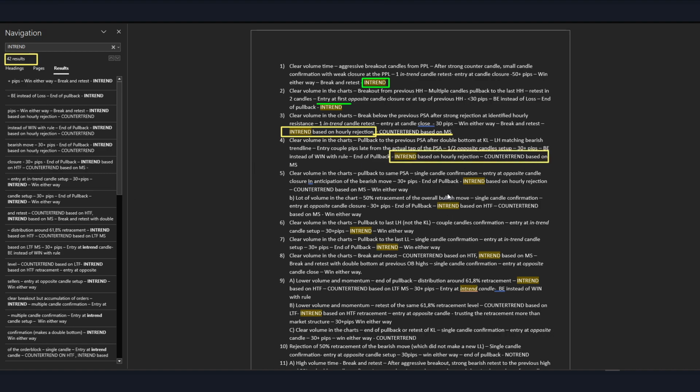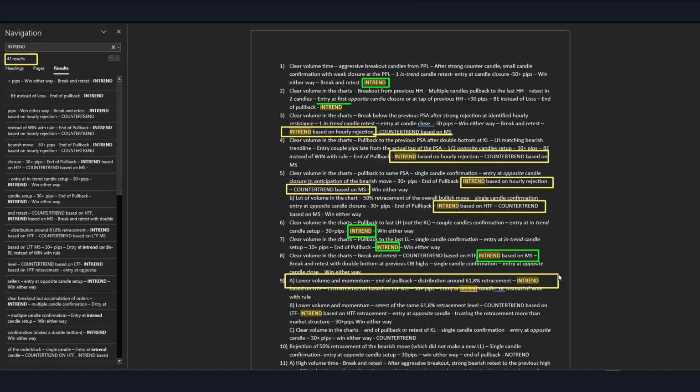Let's see here. Again, I think these three were all at the same time. In trend based on high time frame, counter trend on the lower time frame. This was in trend, counter trend based on the high time frame. So this is in trend on the lower time frame. This is counter trend.